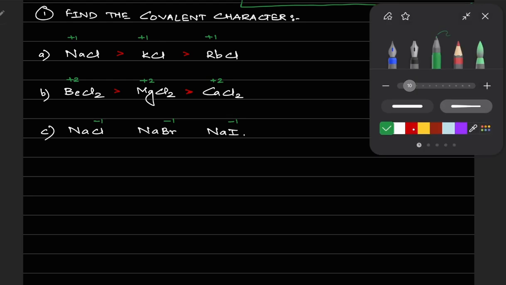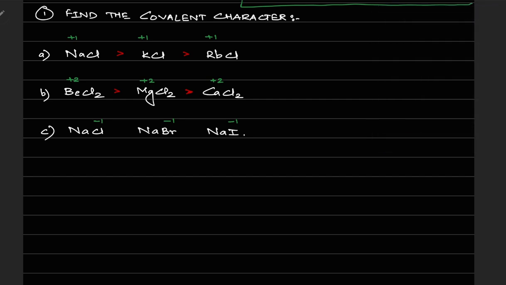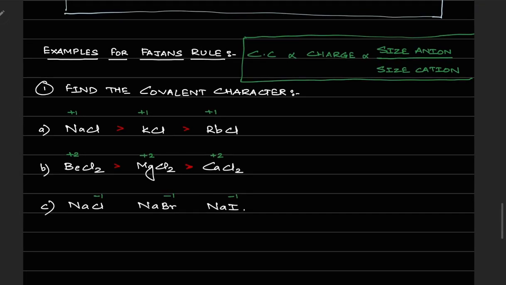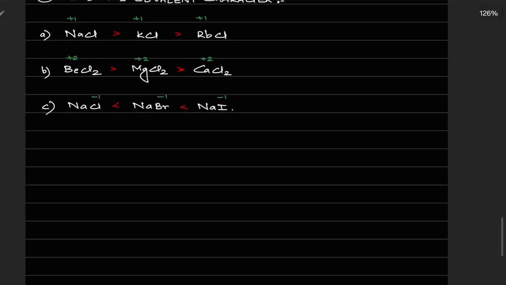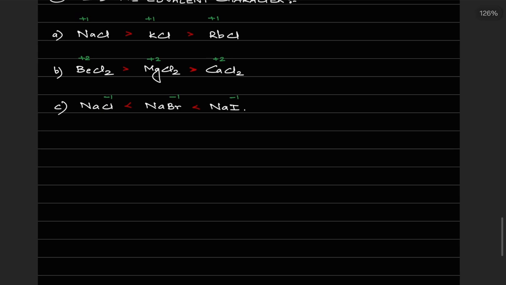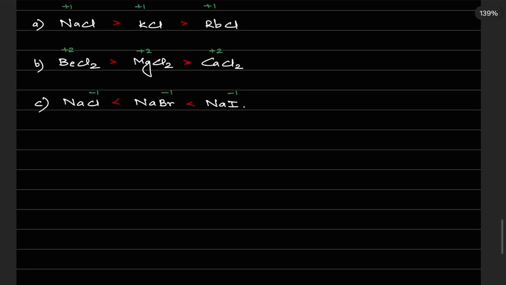With the maximum size of the anion, the covalent character is also maximum. As the size of the anion increases, the covalent character also increases. Therefore NaI will have more covalent character, followed by NaBr, followed by NaCl. I hope this part is clear.